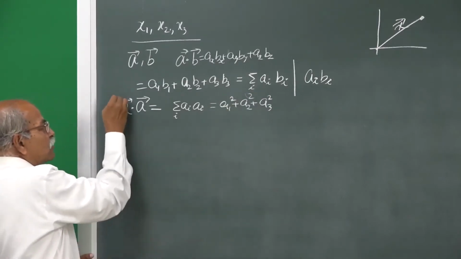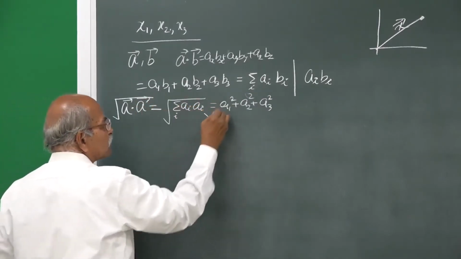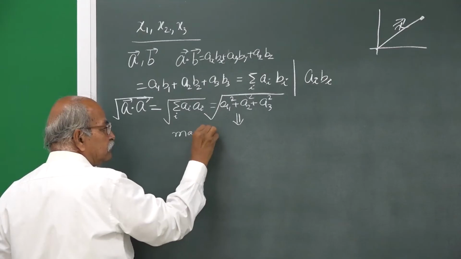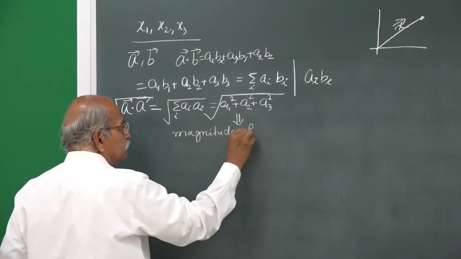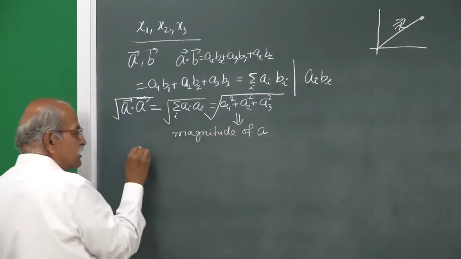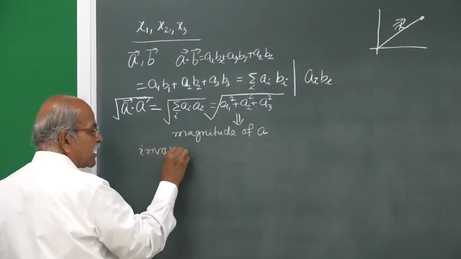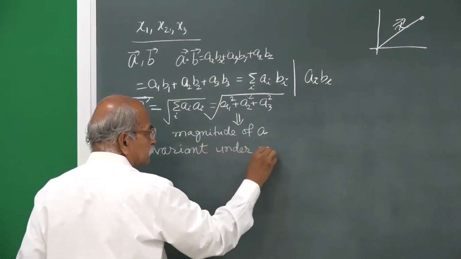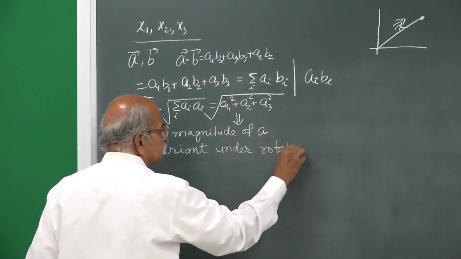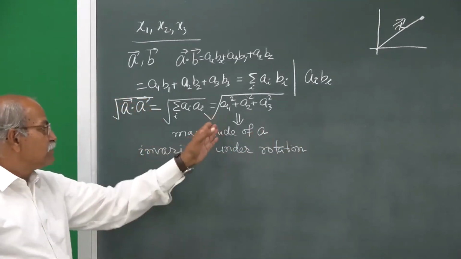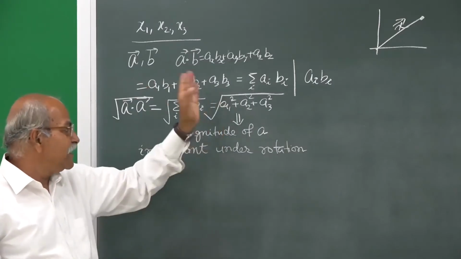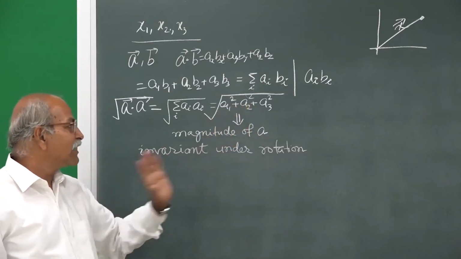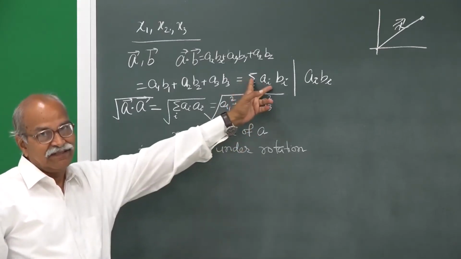And if you take the square root of this, what you get is the magnitude of A. And that is invariant when you rotate the axis. So, when you rotate the axis, this magnitude does not change, A1 changes, A2 changes, A3 changes, components change, but this thing will not change, magnitude will not change, this dot product will not change, it will remain there.